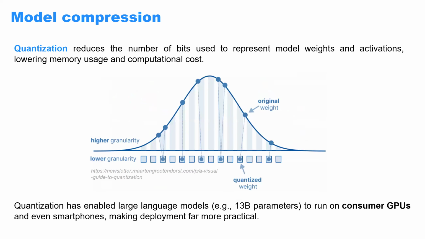The other approach is quantization. Every weight of our model is encoded with bytes and bits. There are different weight representations, weight formats. The most popular format, like 5 years ago, was floating point 32.